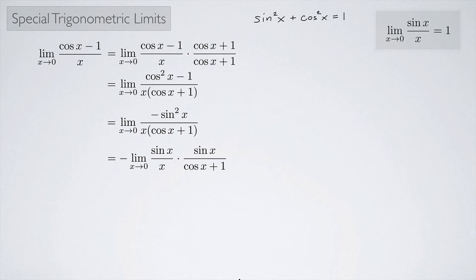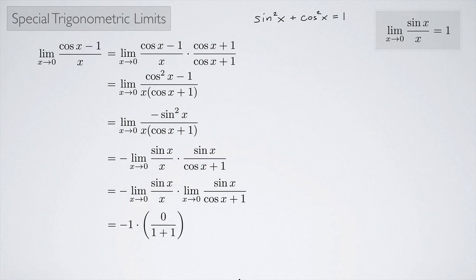So I have one of the sine of x's over x, and the other sine of x over cosine of x plus 1. And then I can use one of my limit laws here to break this up into two different limits. Remember, you can only do that if each of these individual limits exists, and it turns out that they do. So we're allowed to do this here. Now that first limit, sine of x over x, that was 1.